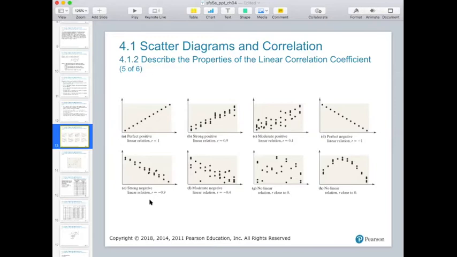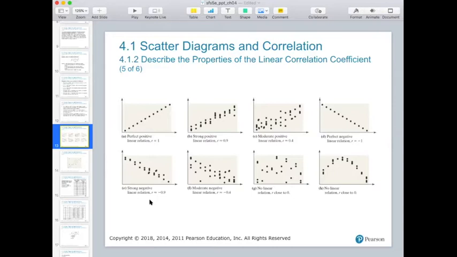Now looking at B, it's still strong and positive. If I were to graph this and not have a correlation coefficient, I would probably tell you that there was a linear relationship there and it was positive. Notice they have already calculated the correlation coefficient and it's 0.9.